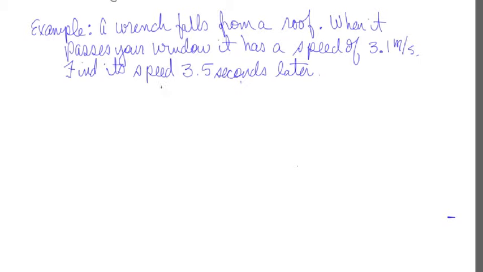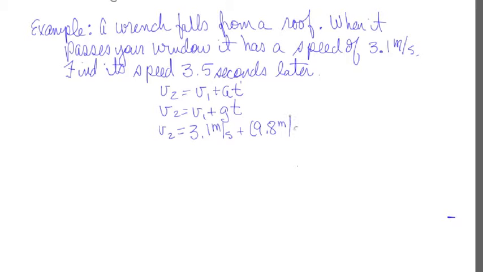I'm going to use the equation that we learned in the section on acceleration. And in this case, the acceleration is the acceleration due to gravity, so it is the value of g. v2 equals 3.1 meters per second, plus 9.8 meters per second squared, times 3.5 seconds.